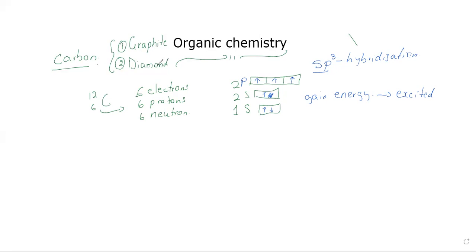And sp2 hybridization, that's a graphite. Now, with that electron moved there, we can remove the electron there because it is already moved up there.